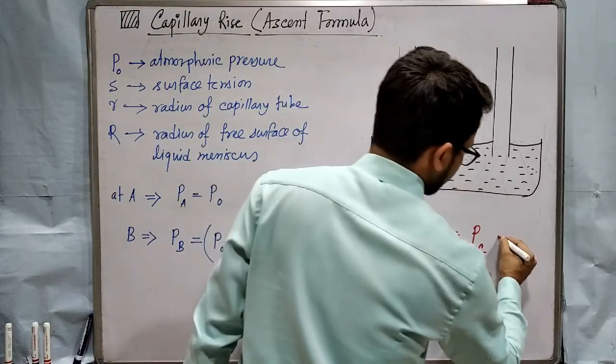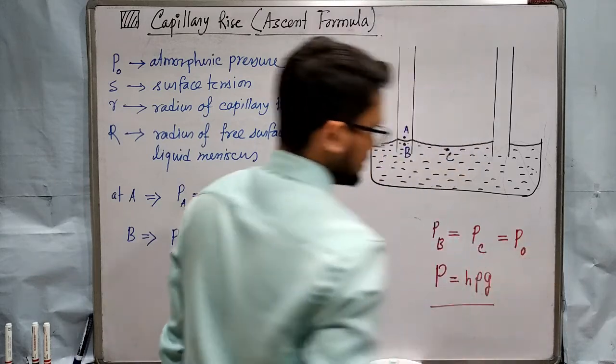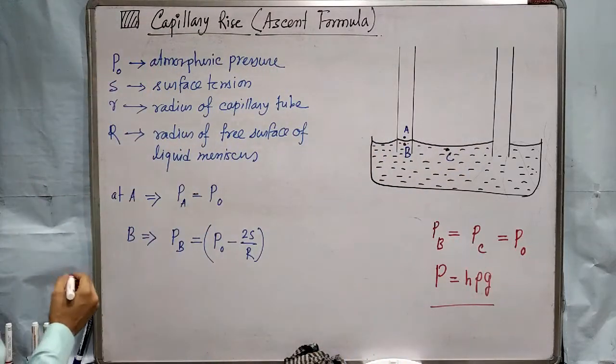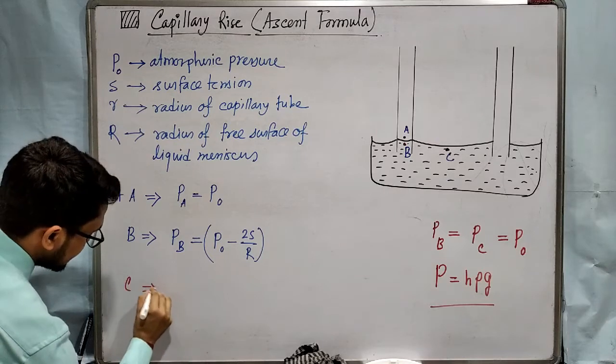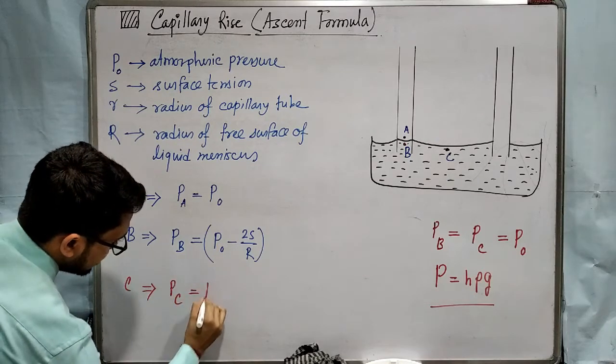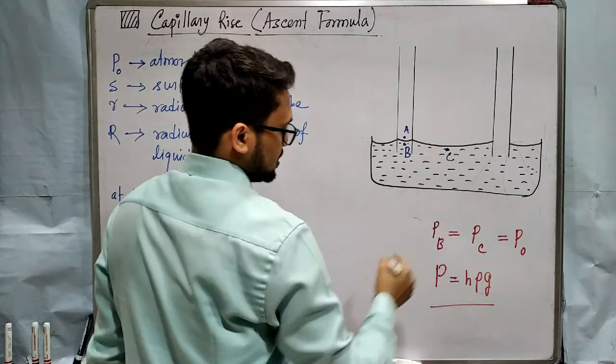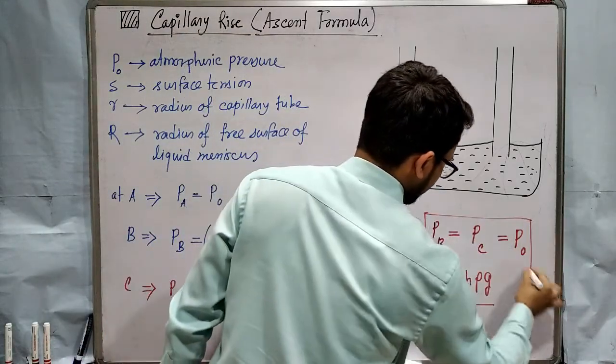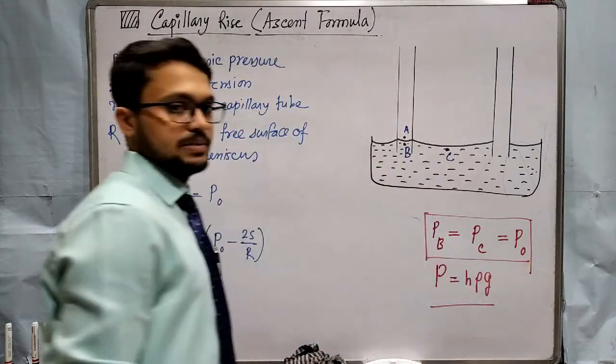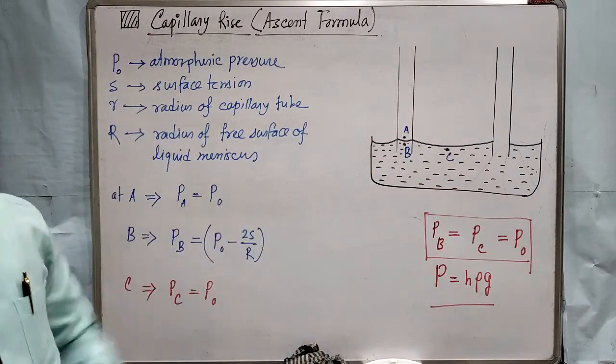So PC is equal to P0, and from this concept that pressure at the same depth is equal, PB equals PC equals P0.